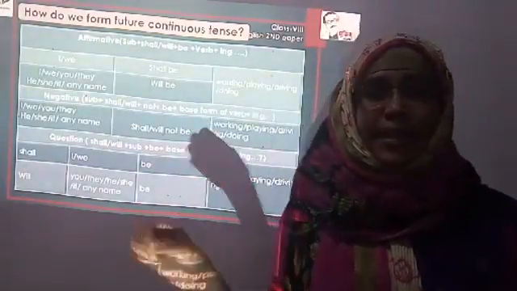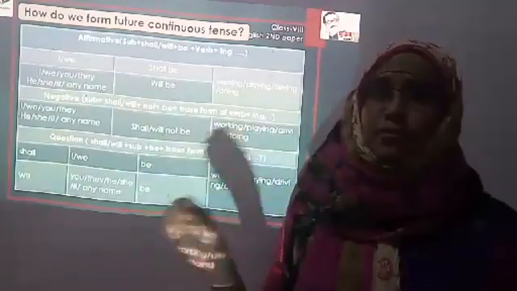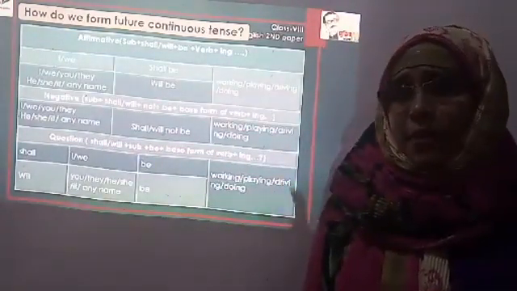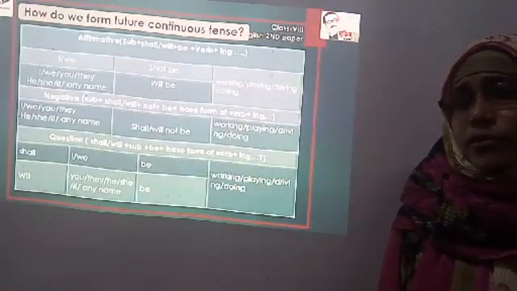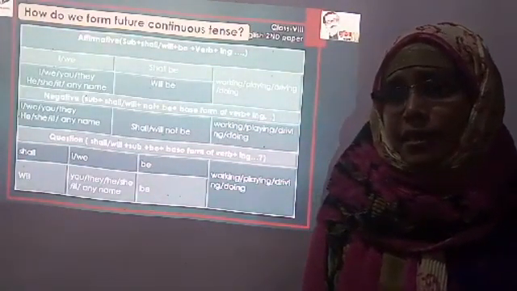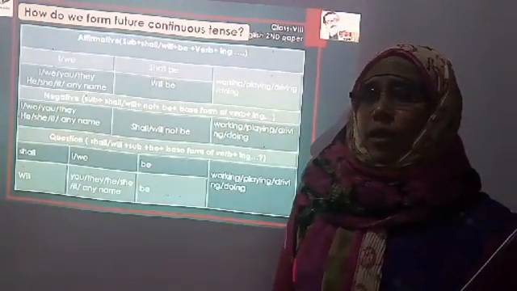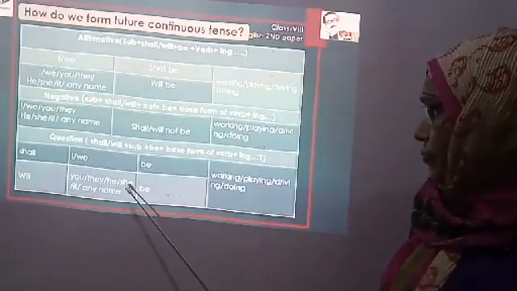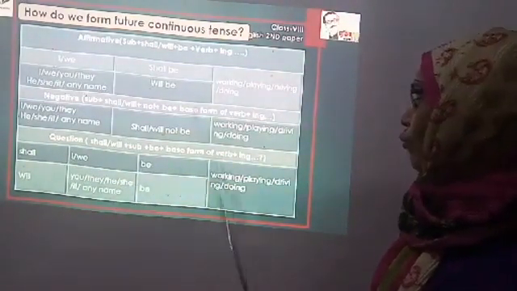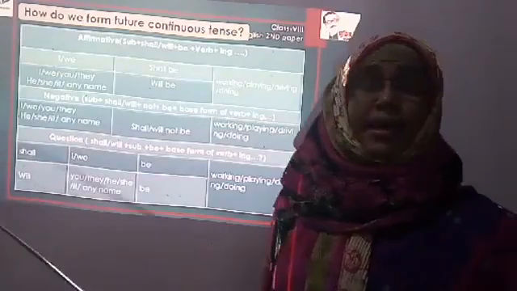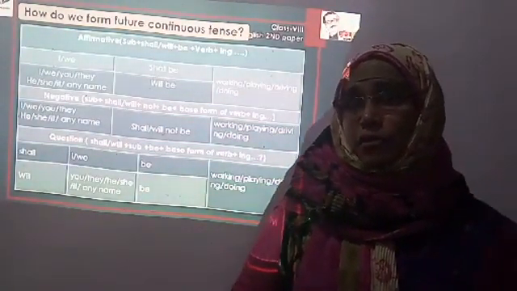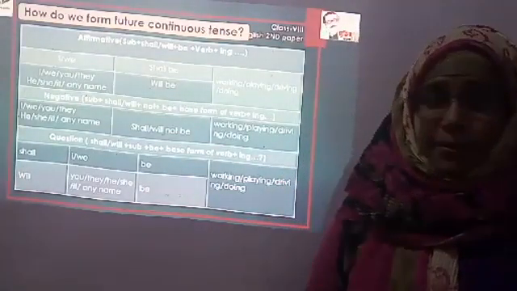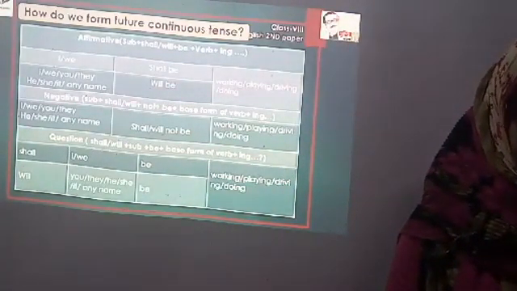Just use not after the auxiliary verb, that will be the negative form. But if you use shall or will at the beginning of the sentence, that will be question form. Shall we be working, will they be working, and at the end of the sentence you have to use a question mark in an interrogative sentence.